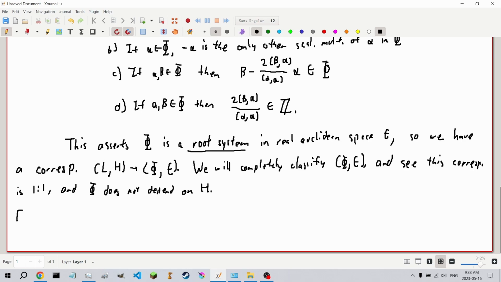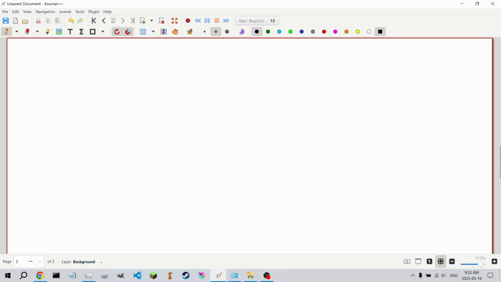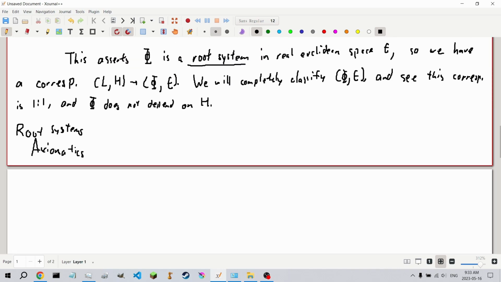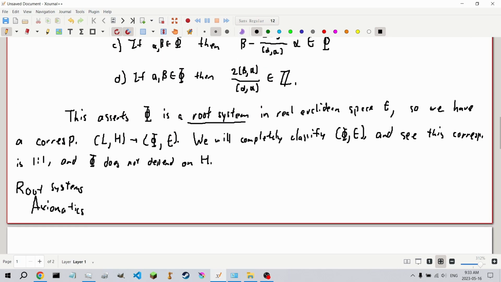So now we have 3 systems. First off, we're going to be looking at root systems here. We're going to be looking at the axiomatic definition, I think. And in that, we're going to start out by looking at reflections in Euclidean space.